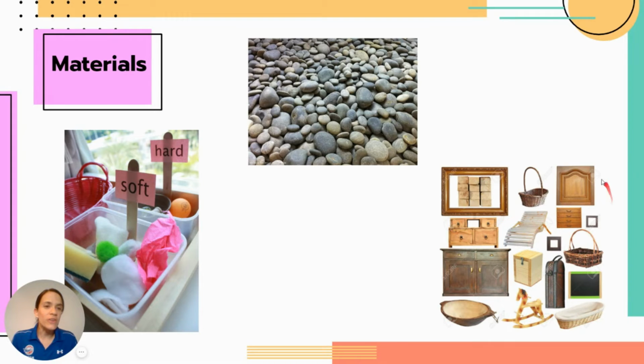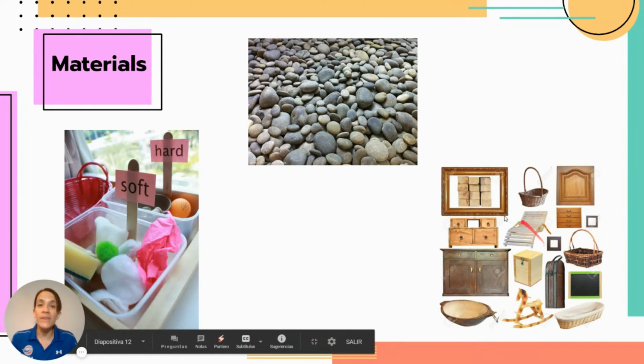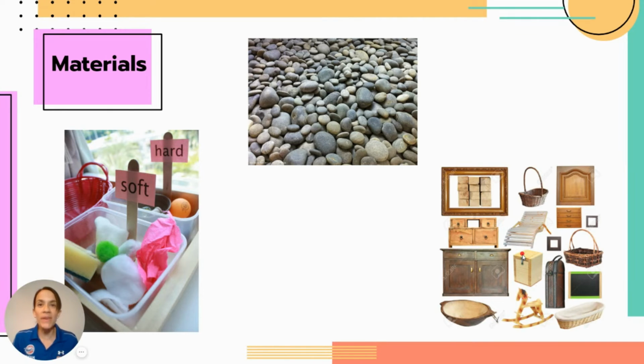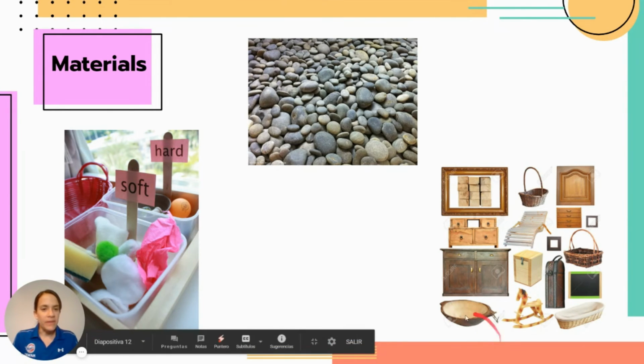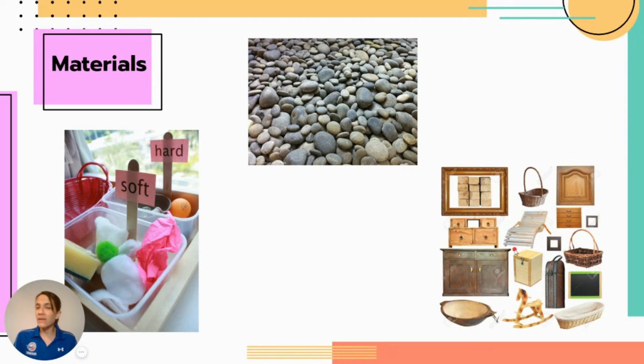And in this picture, you can see that there is only one similarity. Yes, and that is that all the objects are made out of wood. Yes, madera, wood. This frame, this bowl over here, this toy horse, they are all made of wood. So they might not be the same, but they share the same characteristics.